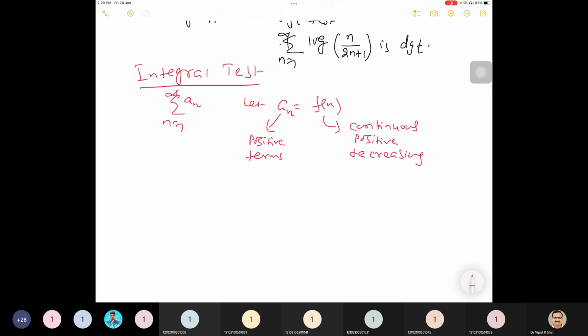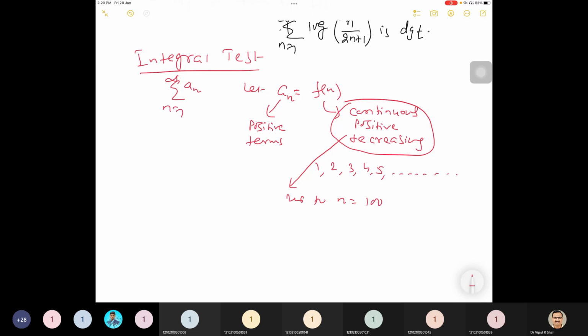It may happen that for some n it is not, but you are having term 1, term 2, term 3, term 4, term 5, and so on, infinitely many terms. Suppose this function does not satisfy up to n equal to 100.